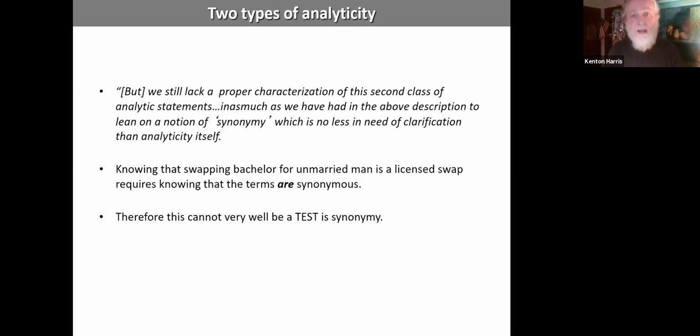But we still lack a proper characteristic of this second class of analytic statements, inasmuch as we have tried in the above description to lean on the notion of synonymy, which is no less in need of clarification than analyticity itself. Knowing that swapping bachelor for unmarried is a licensed swap requires knowing that the terms are synonymous. Therefore, it can't very well be a test of synonymy. So there I say a little more clearly what I was trying to say in the previous slides.